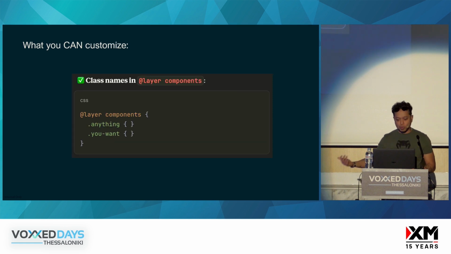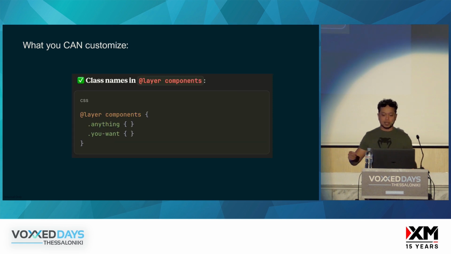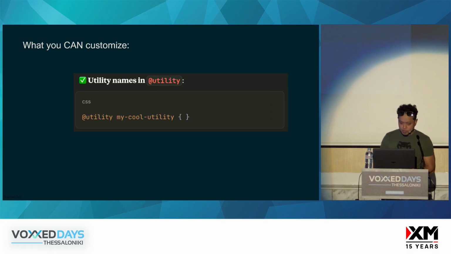Another one, @layer components. Add component classes for reusable pieces of UI. Runs in Tailwind's components layer. It's a medium specificity. No type safety here because you're not creating utilities here. However, here, @utility, for example, my-cool-utility, it creates simple custom utility classes.